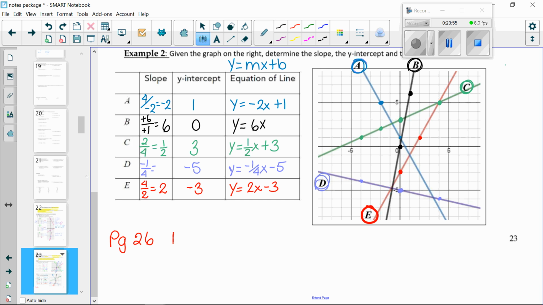And you are going to do questions 1, 2, question 4. Okay, and then you're going to come back and you're going to watch the next video for the next examples. Okay, so we're going to talk about special cases of linear equations. Okay, but watch this first, do the homework. Okay, so questions 1 to 4 on page 26 of your notes. Okay, and then you're going to come back and watch the next video.